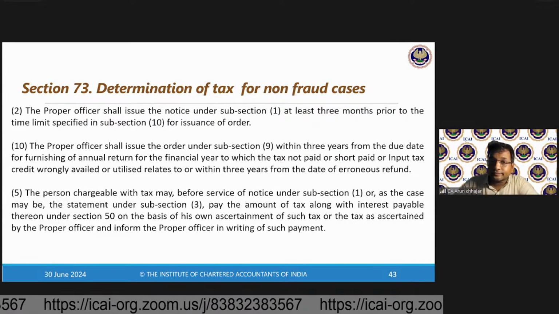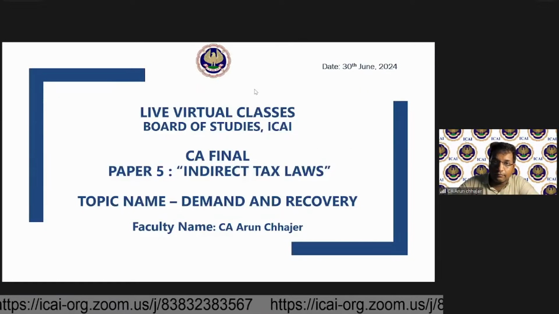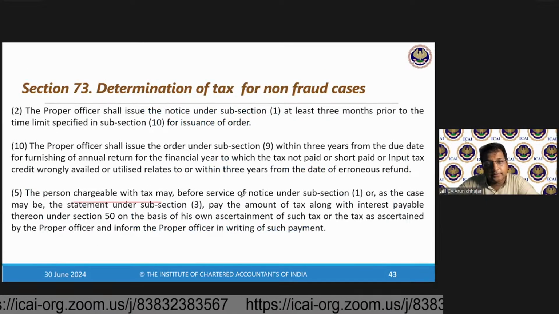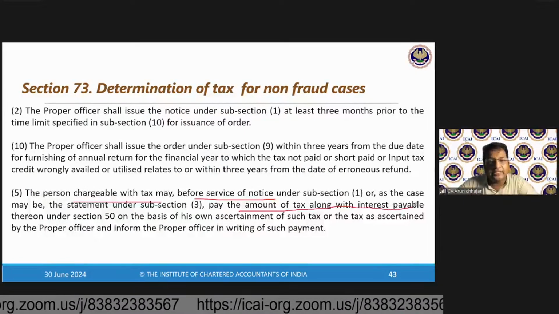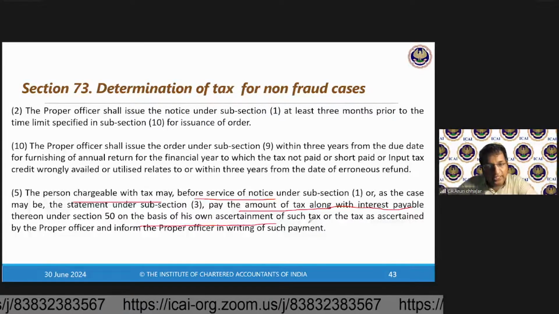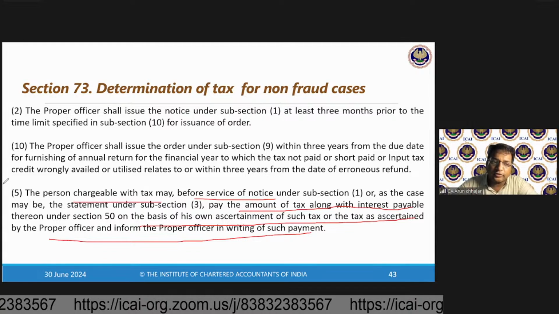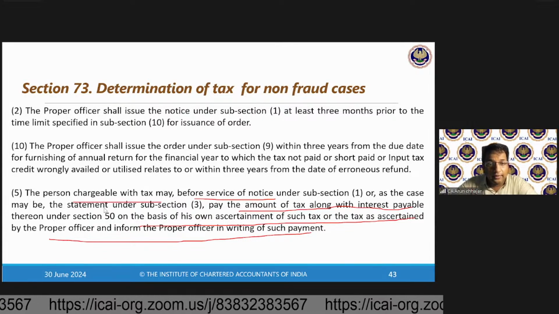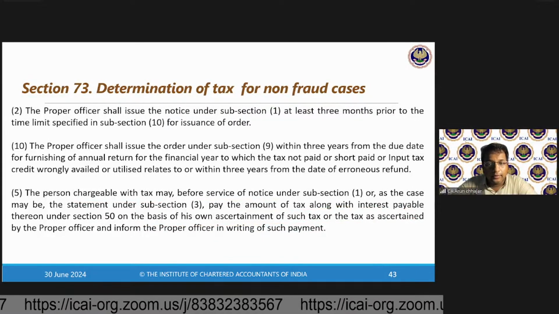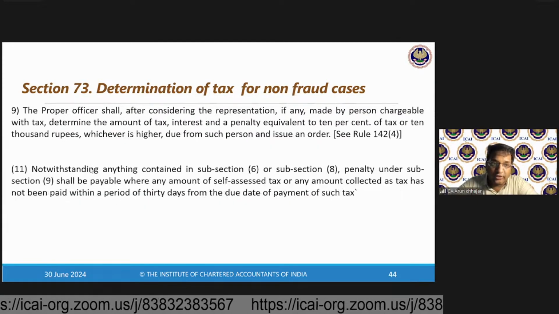They are saying that if the person, before service of the show cause notice, pays the amount of the tax along with interest, on the basis of his own ascertainment of the tax or the tax as determined by the proper officer, and informs the proper officer in writing, that is DRC 03, then no penalty. If he pays the tax along with interest before issuance of the show cause notice.